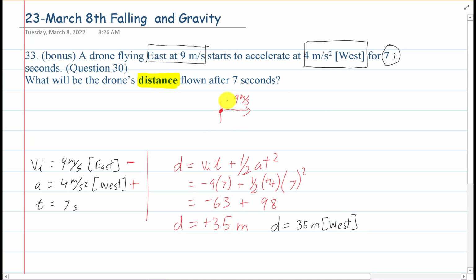So this is the velocities up here, and this is our distances. So it ends up going 35 meters west. Initially it has to do something like this, and it's going to move like this. It's going to stop there, and then it's going to head on back and come down there.